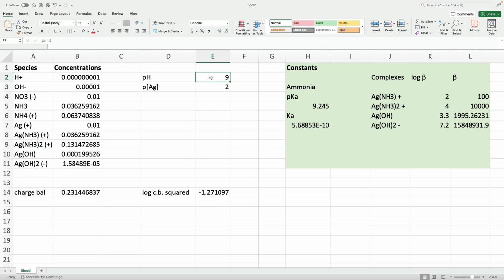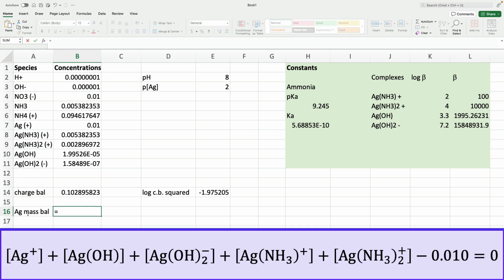So that will help us adjust our pH, but we're trying to optimize two target variables here, and anytime you do that, you're going to need two base equations. You always need one base equation for every target unknown. So what is our second base equation going to be? It's going to be our mass balance equation for silver. If we look at that, we see that it contains all of our silver compounds.